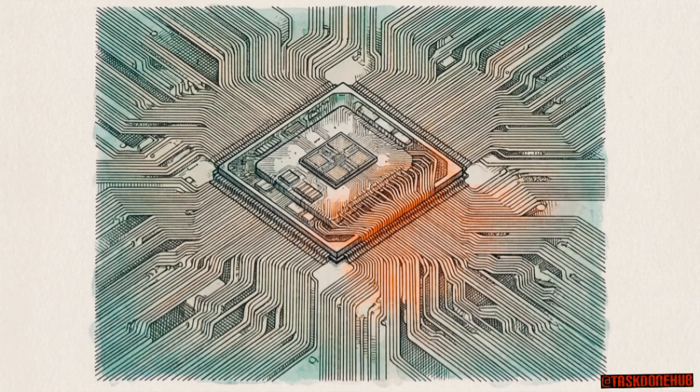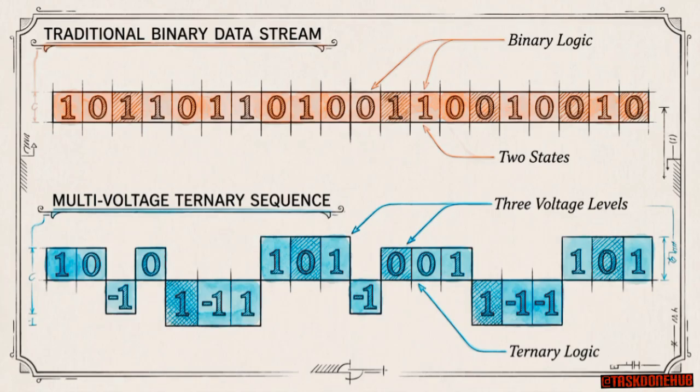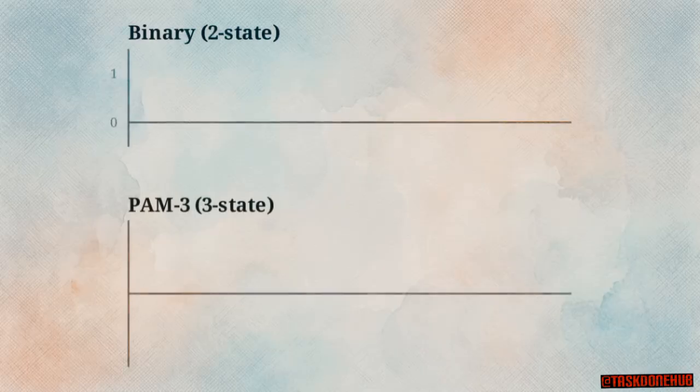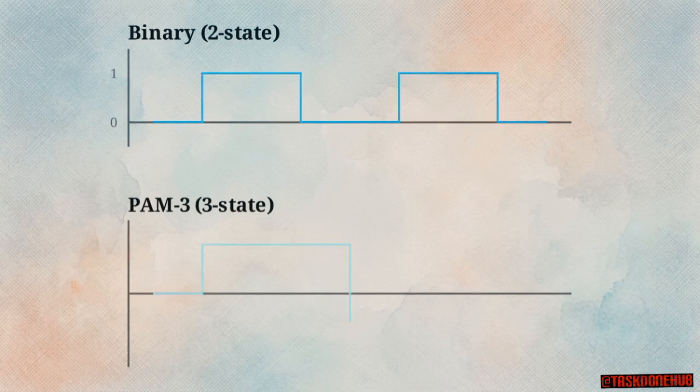Physical constraints on the circuit board limit how many traces can be added, necessitating a shift in the electrical signals used to move bits. Engineers moved beyond binary transmission, the standard sequence of ones and zeros, to multi-voltage encoding schemas. This graph compares a simple two-state binary square wave against the PAM3 encoding standard, which utilizes ternary states, a positive voltage, zero voltage, and a negative voltage.